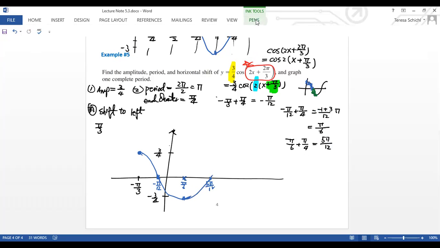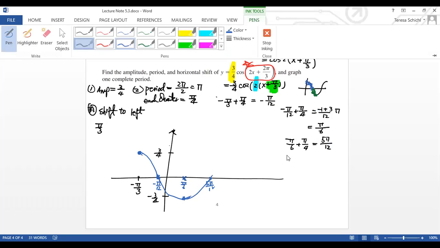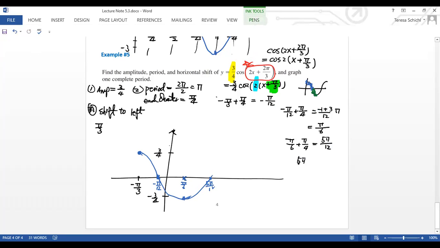Now the last one: 5 pi over 12, you add pi over 4 here. So what is that one here? Okay, so this is 5 plus 3 pi over 12, right?